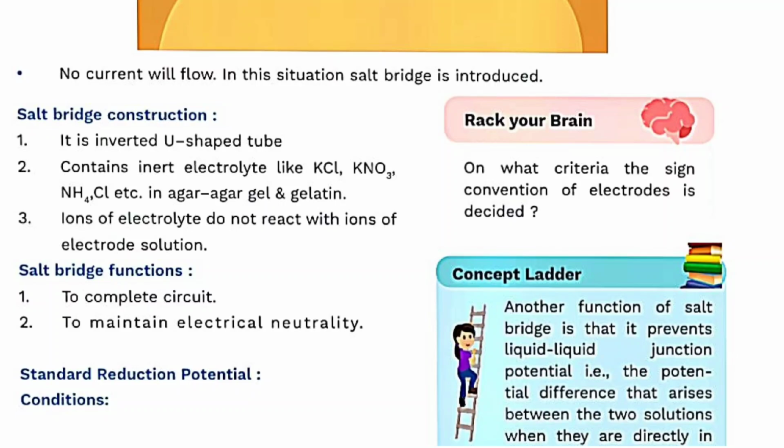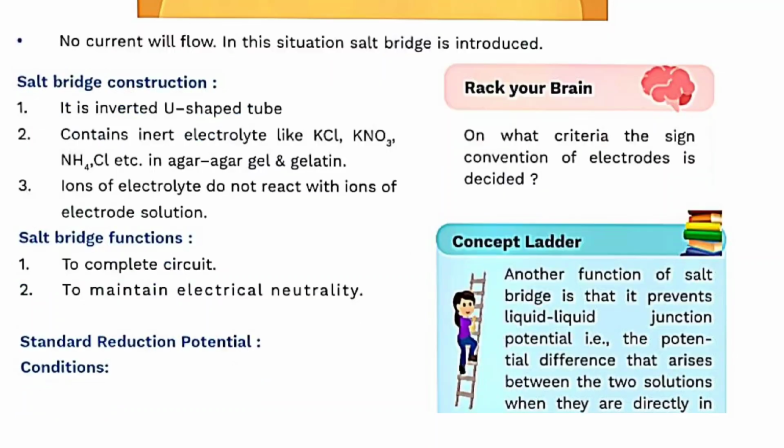Another is its construction, how it is formed. It is an inverted U-shaped tube containing inert electrolytes like KCl or KNO3. We can also see this from the diagram: ions of the electrolyte do not react with ions of the electrode solution. Here the word inert electrolyte is used. What does it mean? Electrolytes that don't participate in the electrochemical reaction are called inert electrolytes.